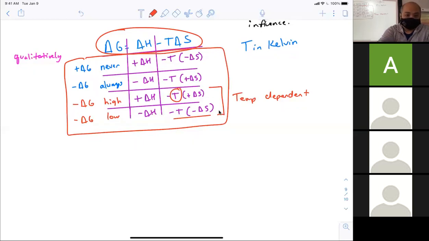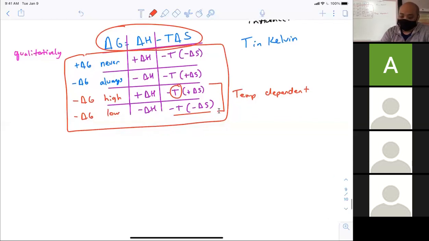One second, let me just double check something really quickly. So in an ideally spontaneous reaction, you would ideally want an exothermic reaction and an increase in entropy.